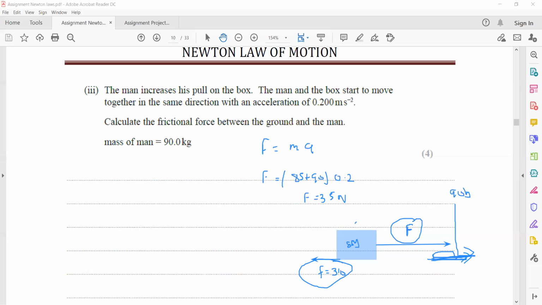That is equal to ma, and the resultant force is equal to 35. So F, the friction of the man, minus the friction of the box, 310, is equal to the resultant force, 35. So moving the minus to the other side, it will be 345 newtons. Is it clear?